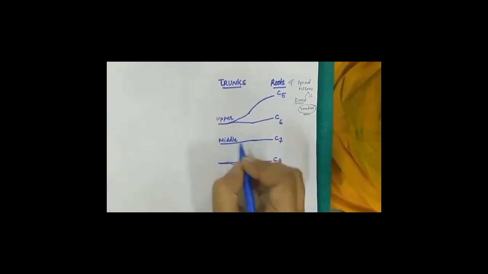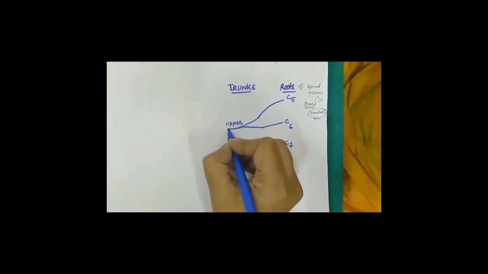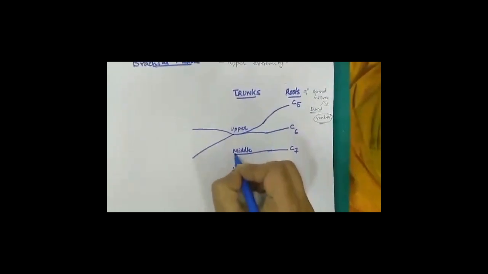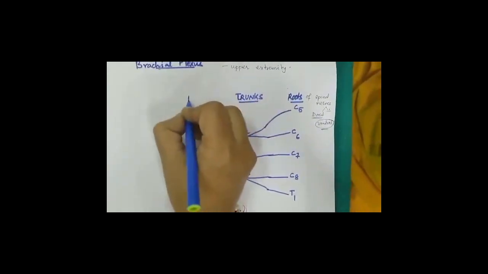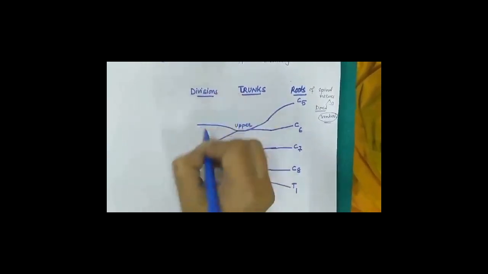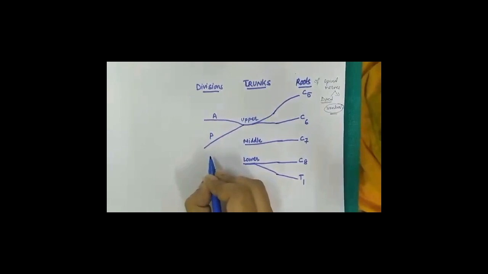C7 continues as the middle trunk and C8 and T1 form the lower trunk. Further, each trunk divides into divisions. So the divisions are anterior and posterior for each of the trunks.